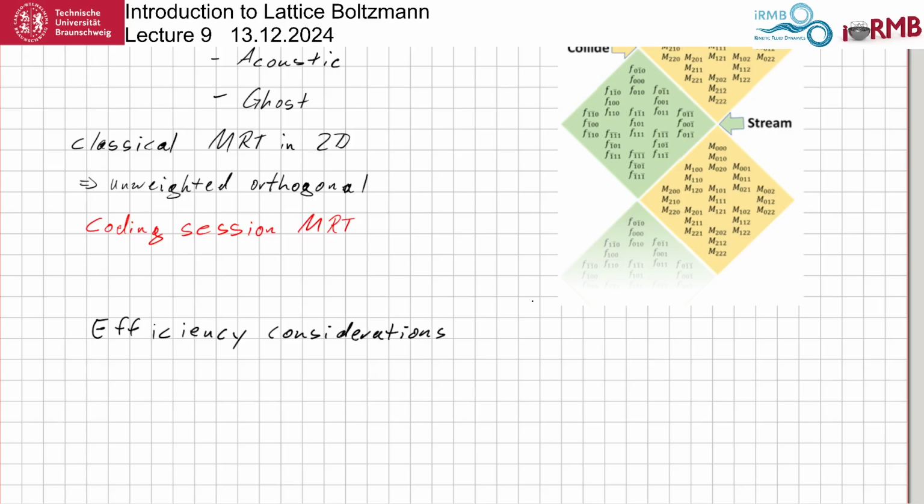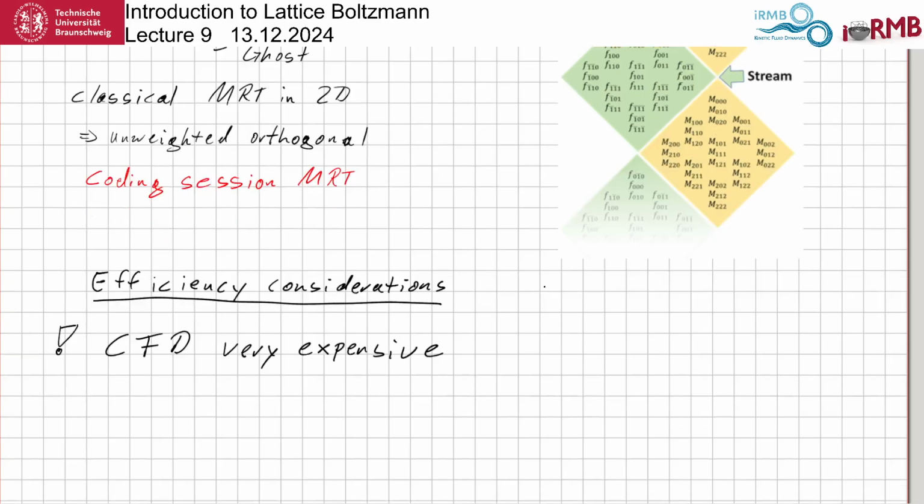So, number one. Our general problem that drives our field is that CFD is in general very expensive. This is something that we have to live with, and we always try to find ways to minimize our cost.